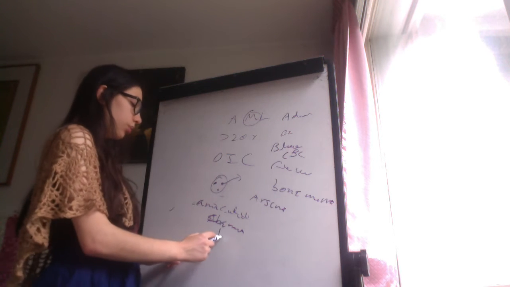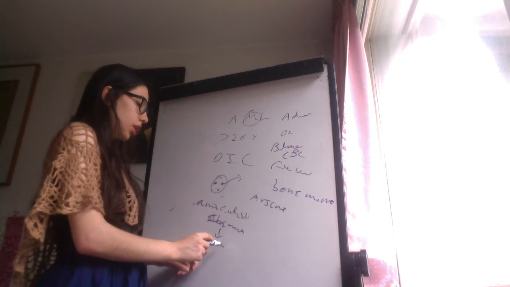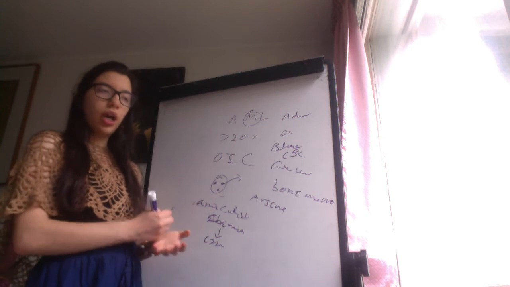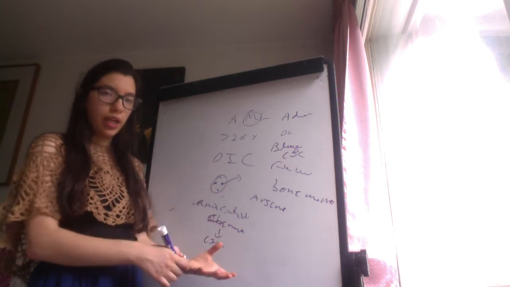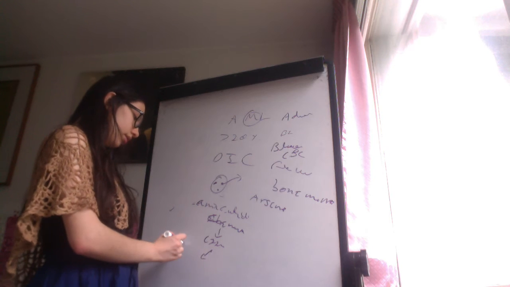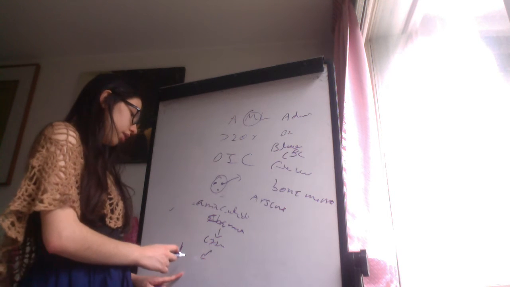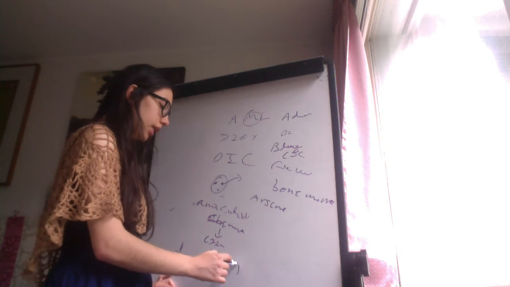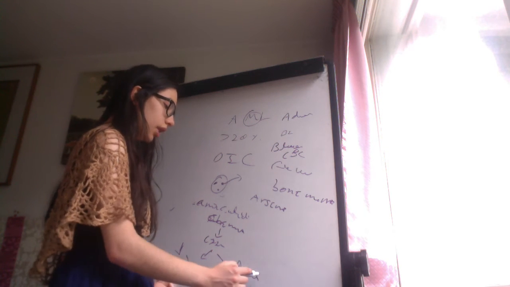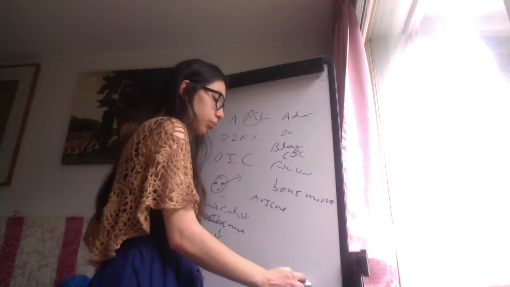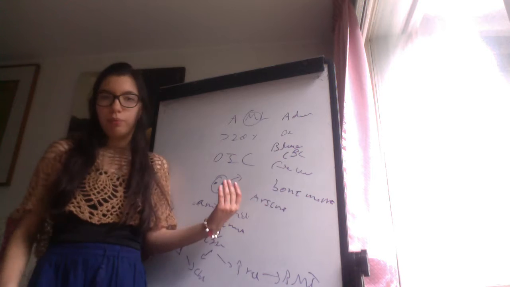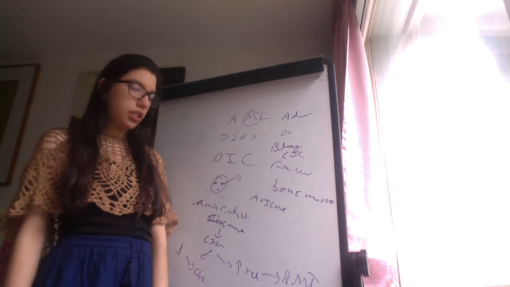Next we do cytogenetics, because with cytogenetics we will look at how likely it is that the patient relapses. If it is not very likely, then we continue with chemotherapy. If it is likely that the patient relapses, then we try to do bone marrow transplantation. Obviously, we will try that in a patient, let's say, less than 50 years of age.